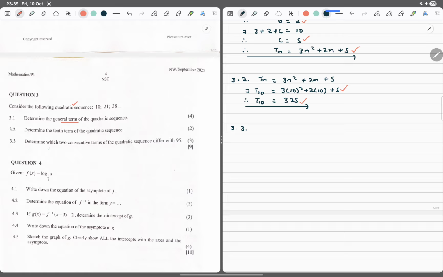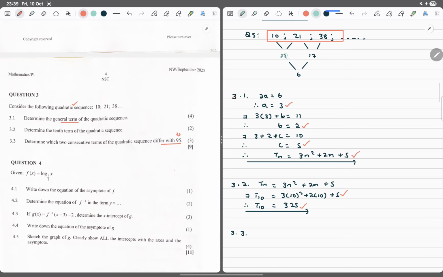Now the last question says, determine which 2 consecutive terms of the quadratic sequence differ with 95. So 95 is basically the term of the first differences. If we look at those first differences, we can clearly see that term 2 is the difference between 3 and 2. So that position will coincide with the lowest term position.